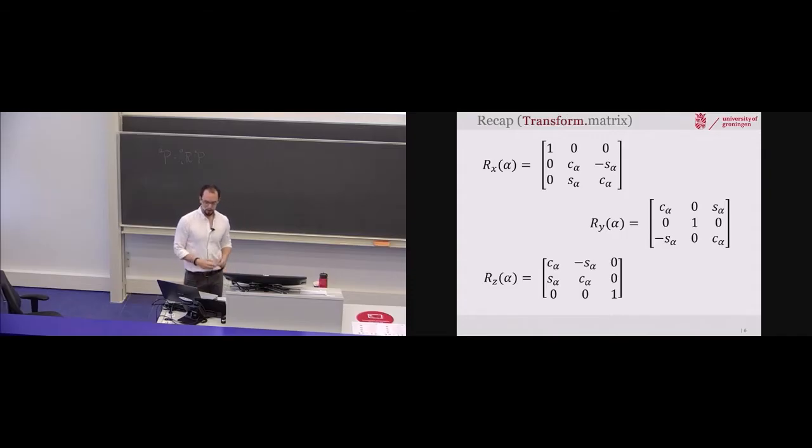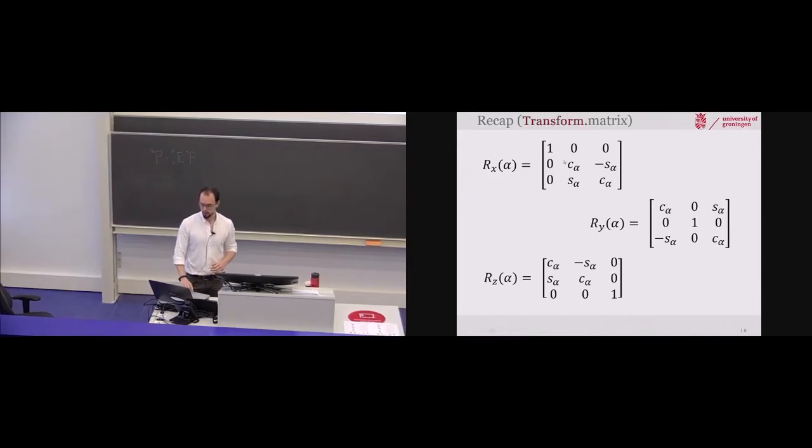Now, there are 3 basic rotation matrices, and they are around the 3 axes, x, y, and z. You should be quite familiar with this. You have seen it also during the first tutorial. And the first one is the rotation around x of alpha degrees.